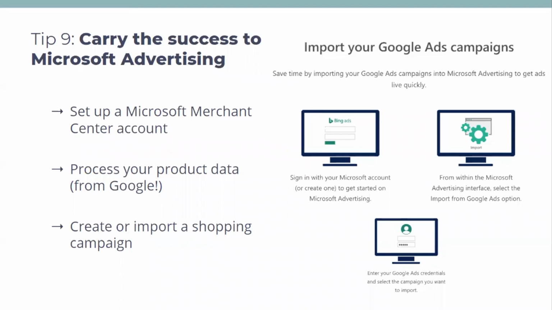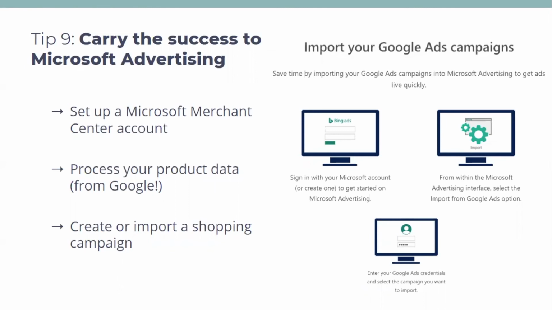It will review that product data, and then you can create a shopping campaign within Microsoft, or import a shopping campaign from Google that's already working well, since you have everything split out nicely, hopefully. So you can import that. And something I think new to Microsoft Advertising is you can import on a recurring basis.